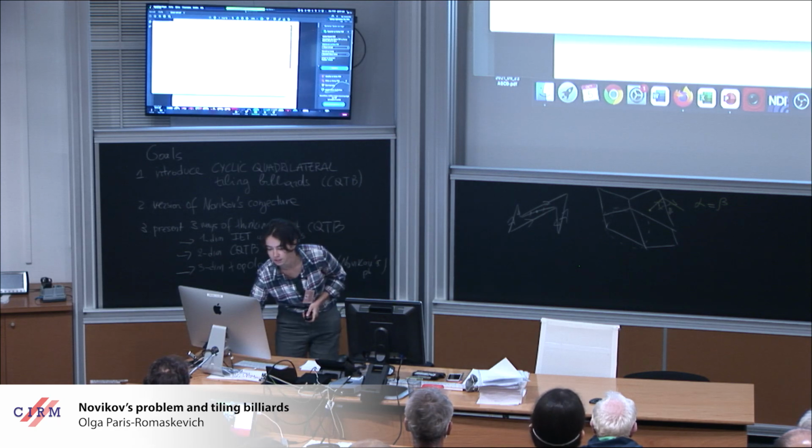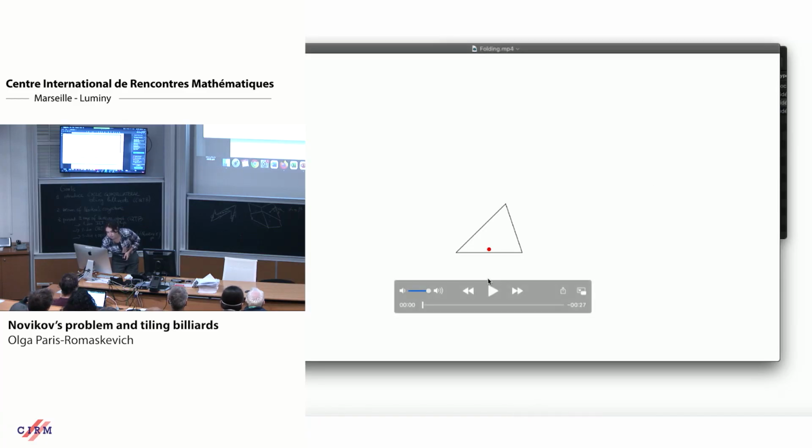So here on the video, you can see what happens if we follow such a billiard in a triangular tiling. And let me notice that a triangle is just a degenerate cyclic quadrilateral.